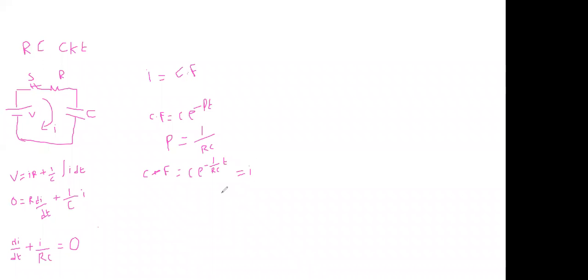Our aim is to calculate the C value, for which we have to substitute the initial values. So how do we calculate the initial values here?